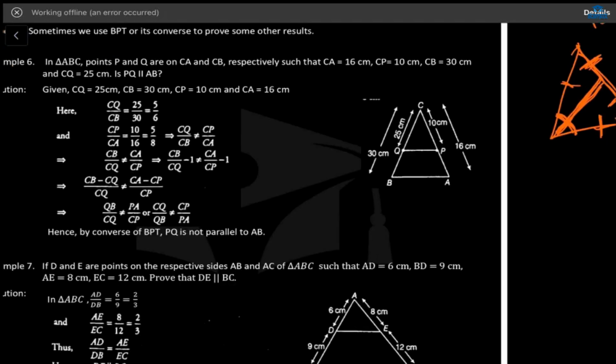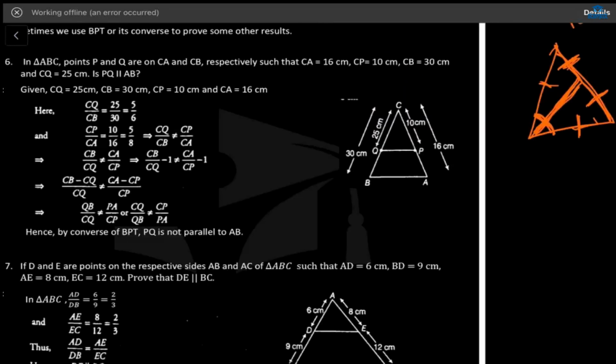Now we need the ratio of CQ by QB from the BPT theorem, and we have CQ by CB, so we subtract 1 on both sides. If CB by CQ is not equal to CA by CP, then QB by CQ will also not be equal to PA by CP.